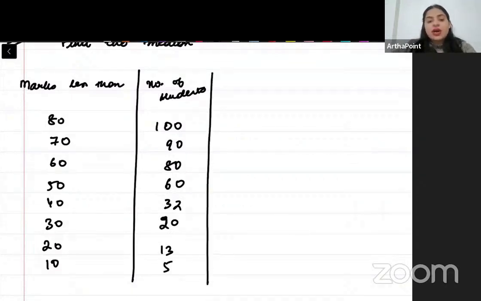Better check that now the language is changed. So it is saying number of students who have scored less than 80. So how many students have scored less than 80? 100 students. And how many have scored less than 70? 90. So beta, how many students must be between 70 and 80? 10. So now what you have to do is try and change this data set such that you are able to get the class interval from this data set.